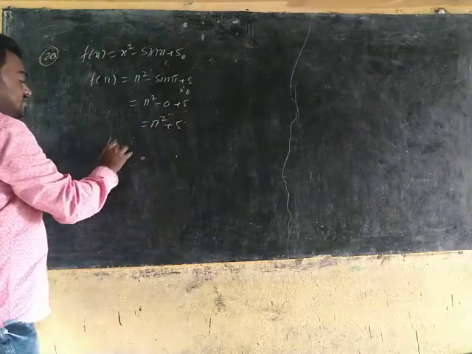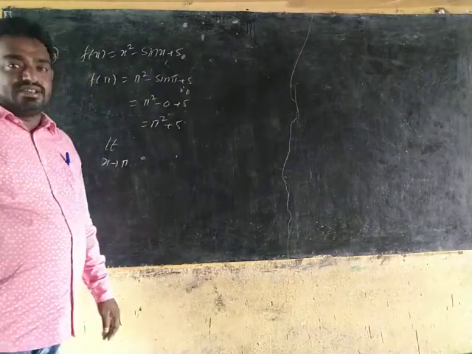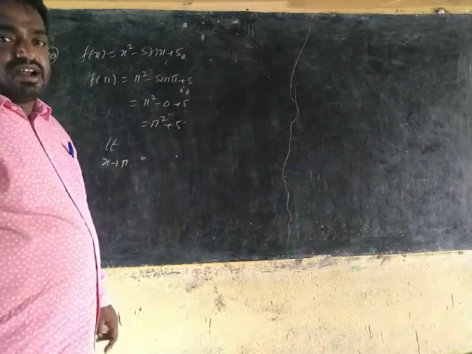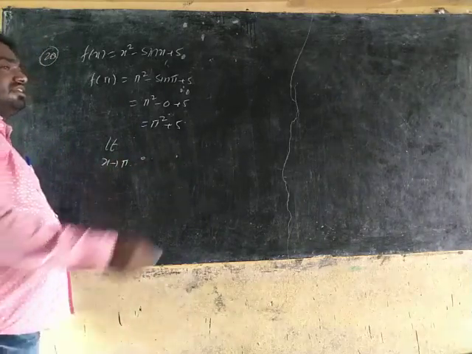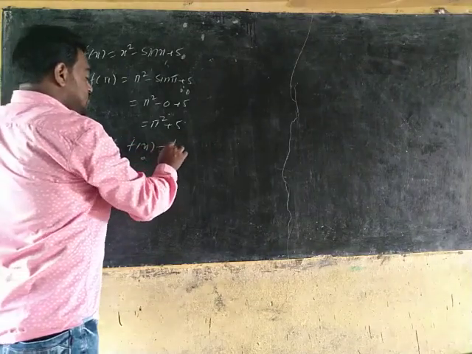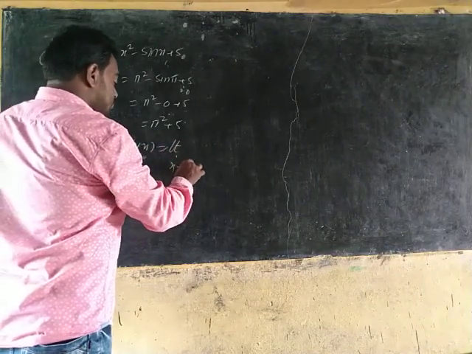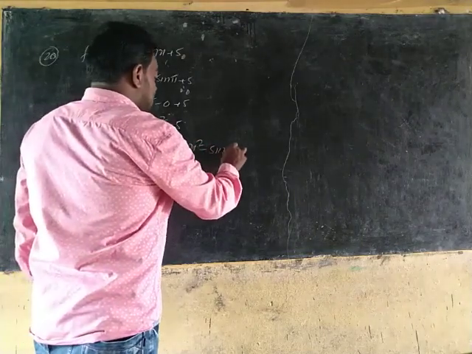Now limit x tends to pi you find, because x less than pi, x greater than pi is not yet decided. So directly we are finding the limit value at x is equal to pi of f of x. This is equal to limit x tends to pi of x square minus sin x plus 5.